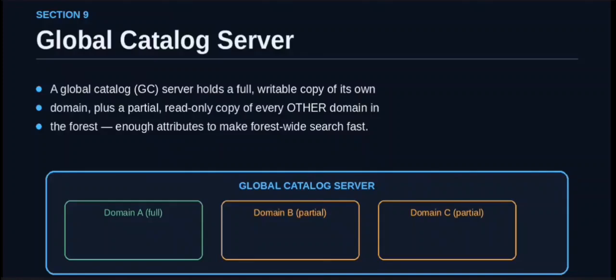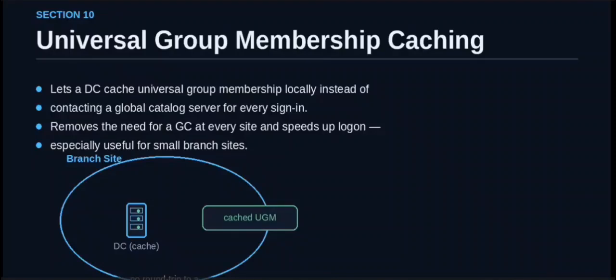Now let's understand another one, that is universal group membership. Not every branch office needs its own global catalog server. In smaller locations, deploying another global catalog may not be necessary. So instead, Active Directory offers a feature called Universal Group Membership Caching.